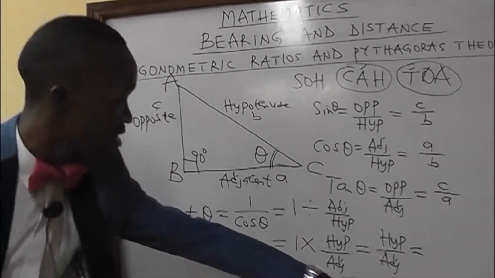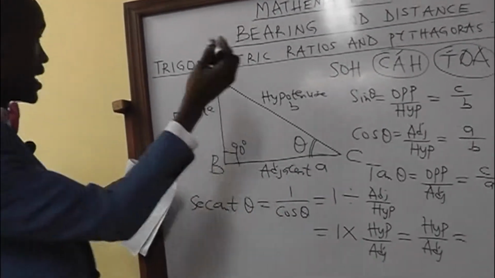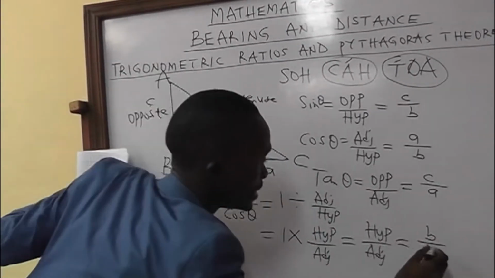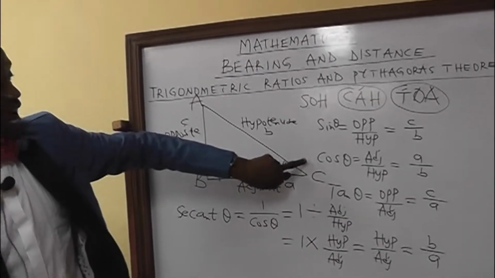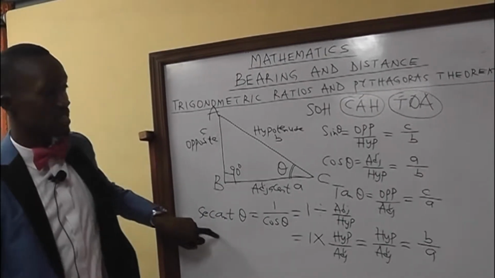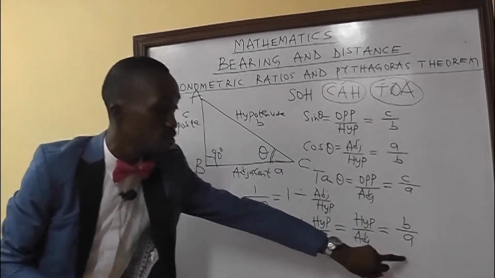And if you relate this to this triangle again, the hypotenuse side here is B, then the adjacent side is A. So we can see now that we derive cosine to be A over B, and I said secant is the inverse of cosine. So taking the inverse of A over B, we have B over A.